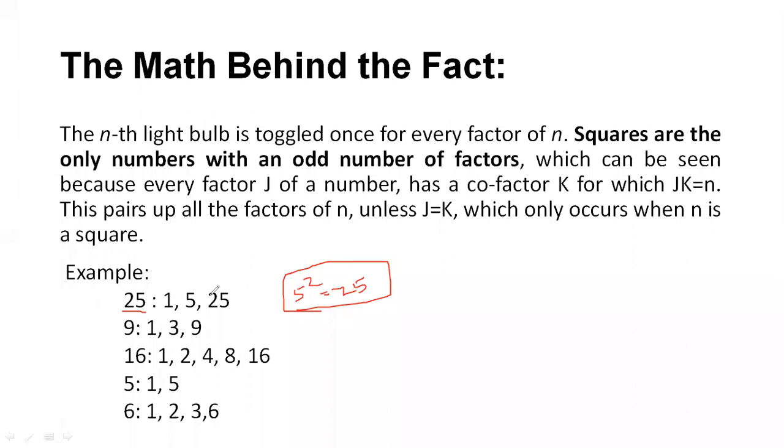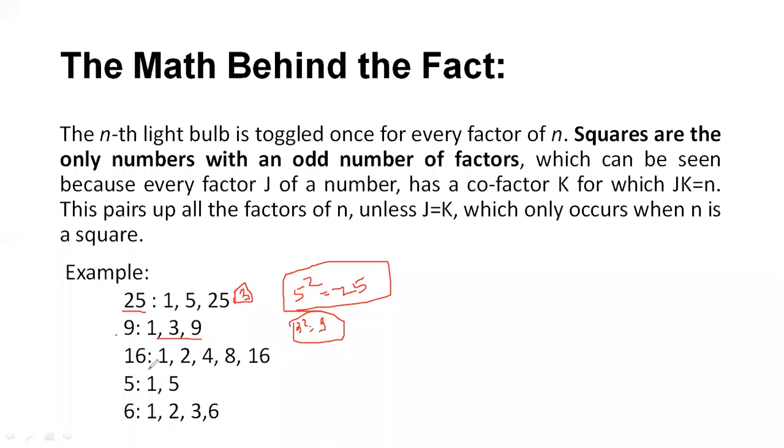So how many factors are there? 3 factors, which is odd, when the number is a square. Let us take another example, like 9. 3 squared is 9. So if the number is a perfect square, you will get an odd number of factors, like 1, 3 and 9.